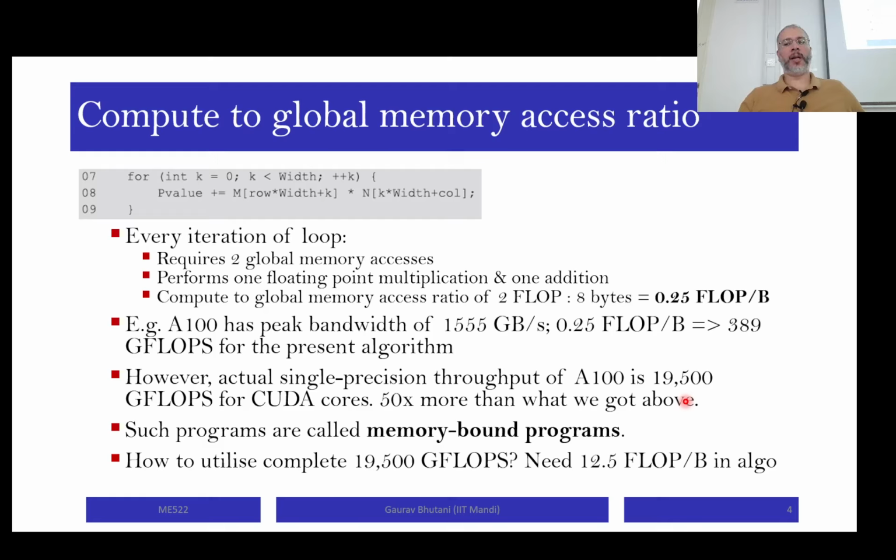I mean the card can do 19,500 gigaflops, but because you have an algorithm which is doing a very small amount of computation per unit memory access, and memory access is limited in bandwidth because of the constraint of memory, you are getting only 2% of what the actual card can give you in terms of gigaflops. So these kind of programs or situations are called memory bound programs. It is not bound by the compute constraint, it is bound by the memory constraint.